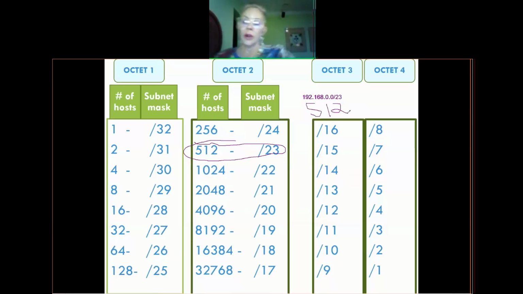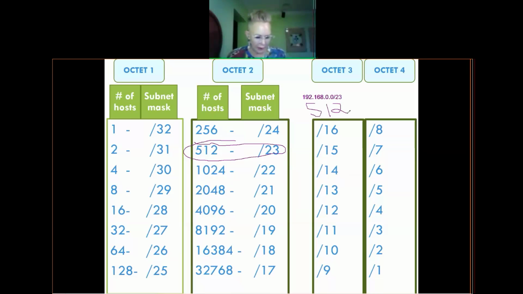512. So let's put this into industry terms. Let's say I was starting a new business, and I knew that I was going to have 400 employees, 20 printers, a couple projectors. So I'm just going to guess that maybe I need 500 addresses. And I would call the internet service provider and say, hey, I'm starting a new business.